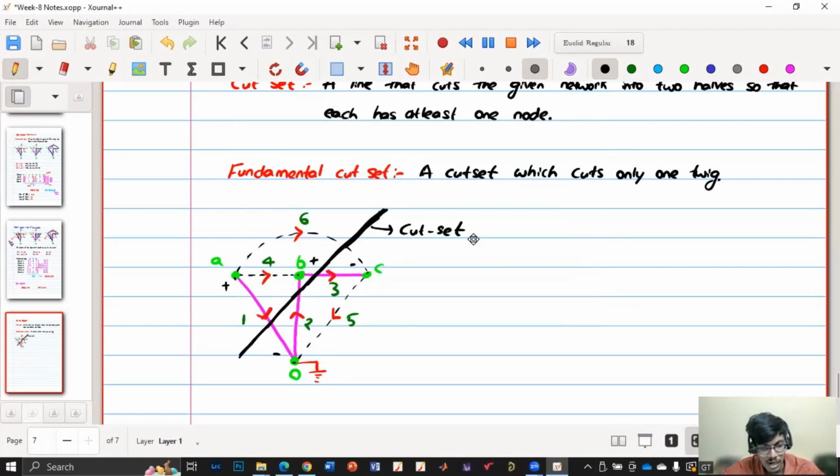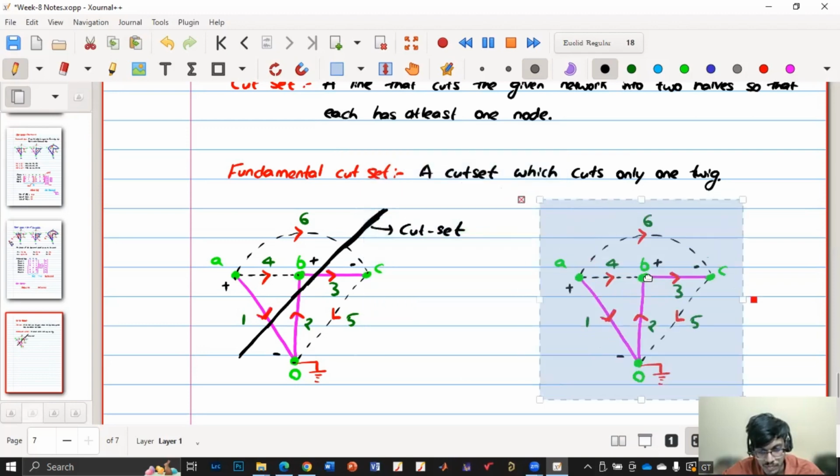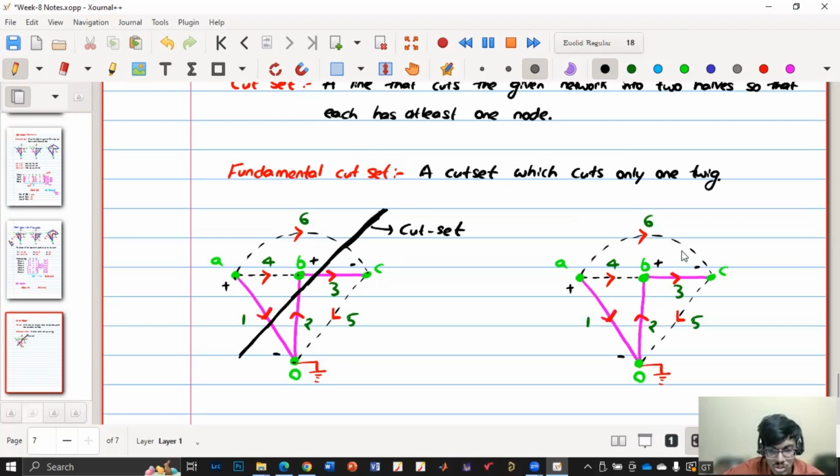So what is a fundamental cut set? It is that cut set which cuts only one twig. If I cut it like this, bending the line so that we are only cutting this one, then it is cutting only one twig.